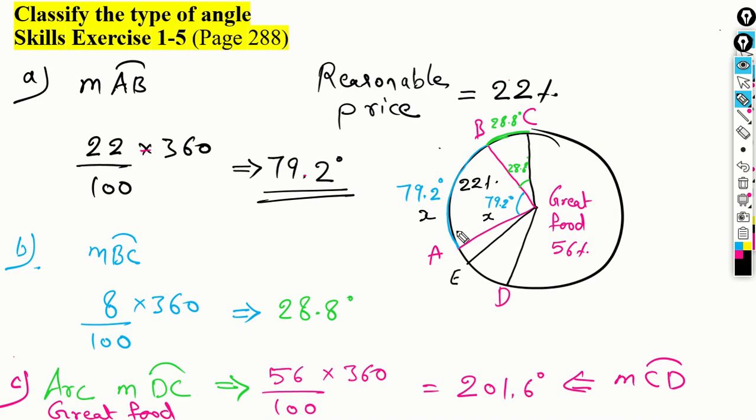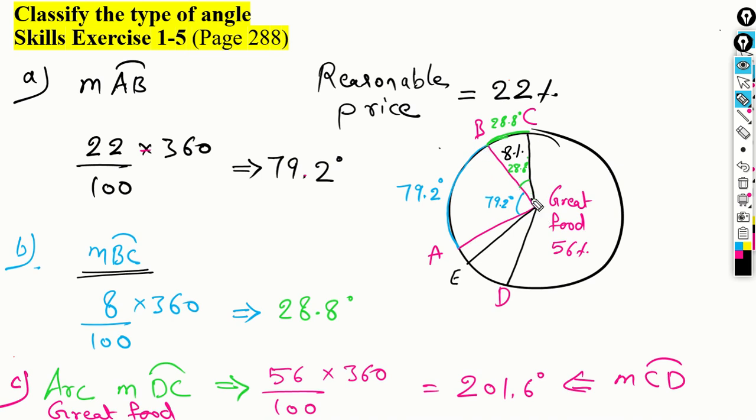I hope you know all of this information, because this is a revision video. If you don't know, then it will be difficult for you to understand. Okay, but I'm just hoping that you know that. Next you have to find arc BC. Now this is 8%. It is given in the question that this sector is 8%.